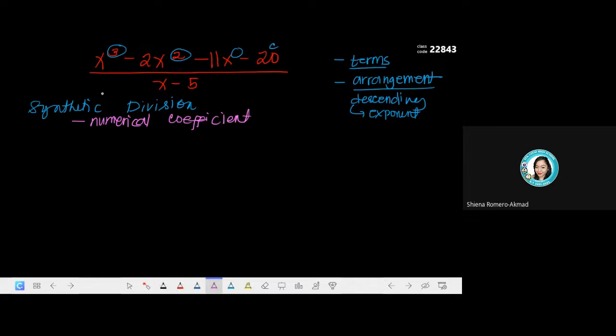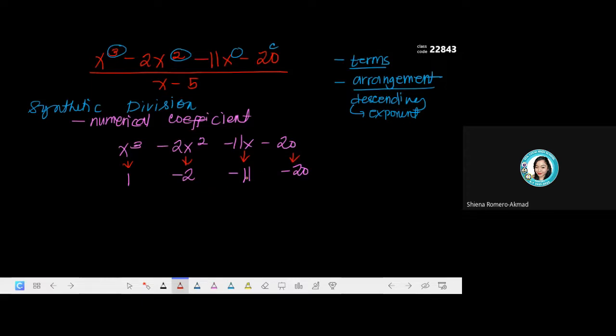So dito, makikita nyo, we have x cubed. Ibig sabihin, sulat natin dito: x cubed minus 2x squared minus 11x minus 20. So, ang numerical coefficient natin dito is 1. Ito, negative 2. Ito, negative 11. Ito, negative 20. Numerical coefficient lang kailangan natin. Ganun lang po kasi yung ginagawa sa synthetic division.